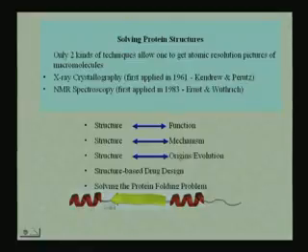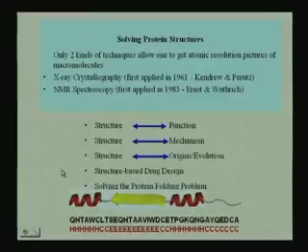So, say we have something like this. What is this? We have a random coil, we have an alpha helix, we have a beta strand, and we have an alpha helix here. What we want to know is, this is say the sequence in one letter code. What do I want to know? I want to know whether H means helix, C means coil, and E means extended sheet.